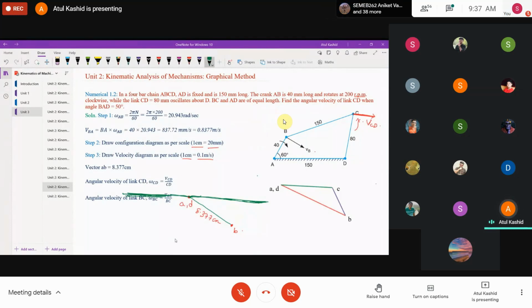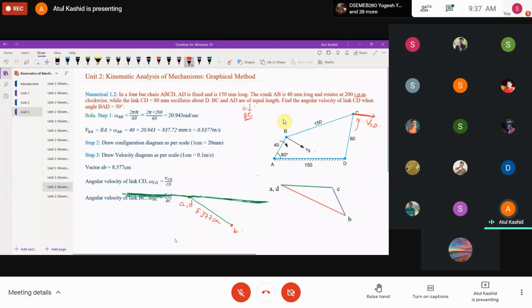Now only one link is remaining. We are finished with the link CD, now only one link is remaining, right? So that link will be BC, right? So velocity of BC we have to draw. Now here we need to take care that for BC, both the points are moving, they are not fixed. So we cannot start from the point AD. Remember that we cannot start from the point AD.